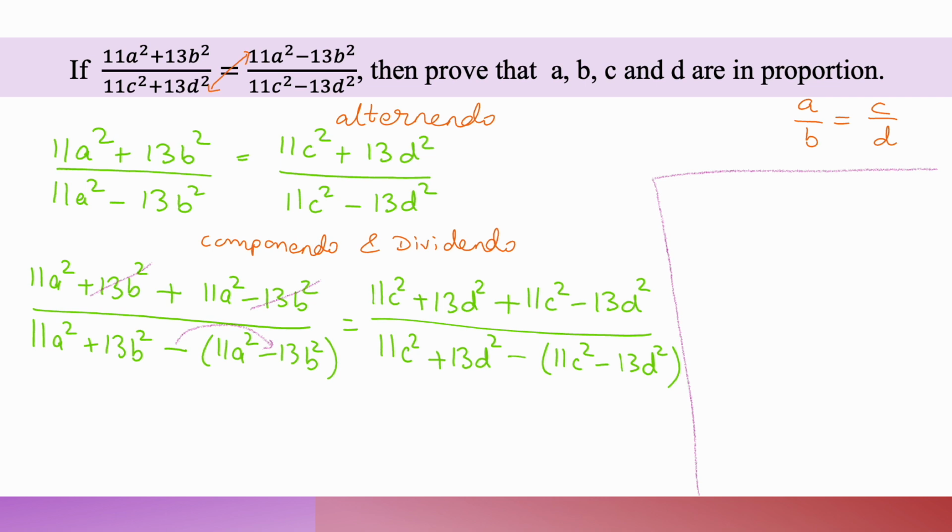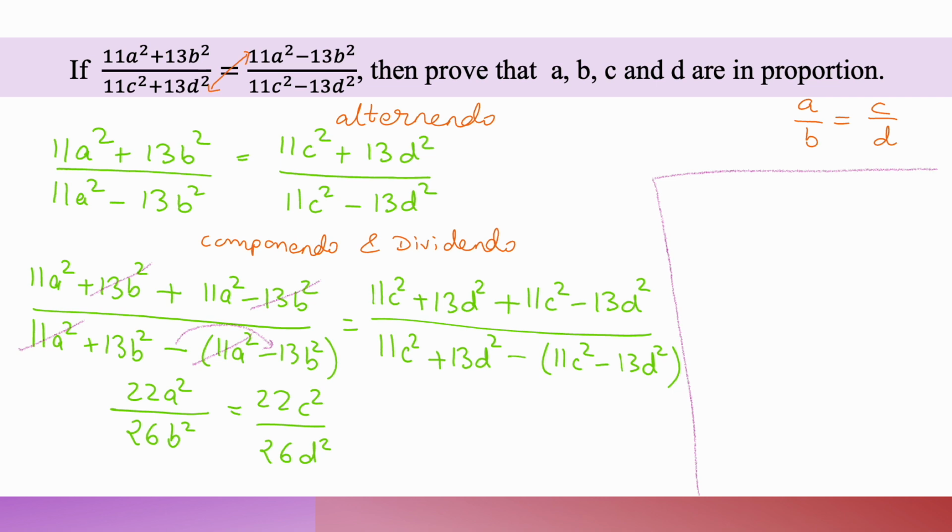So 11a square and minus 11a square will get cancelled, and what is left is 13 plus 13, that is 26b square. On similar calculations in the right hand side, we get 22c square upon 26d square.